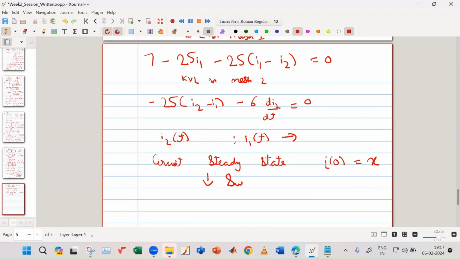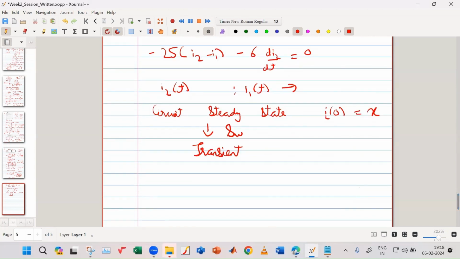So the switch is opened or closed, and then the circuit is in a transient condition. In the transient condition, the inductor current goes from one state x1 to another state x2, and then the circuit again reaches steady state.